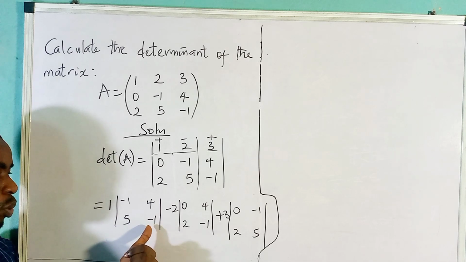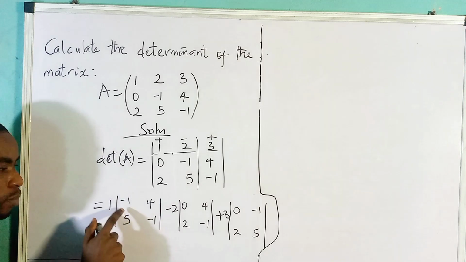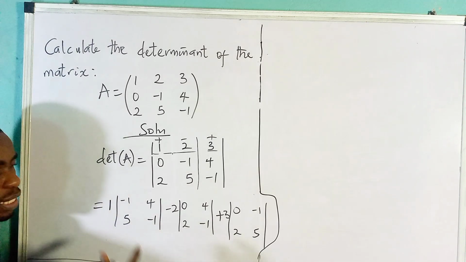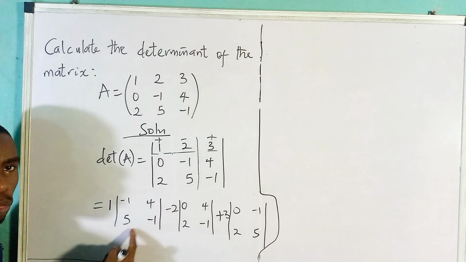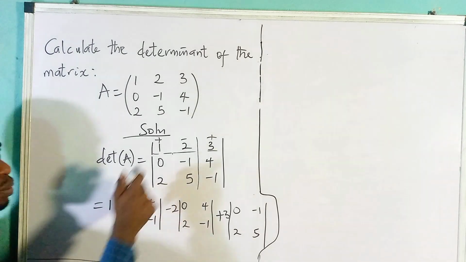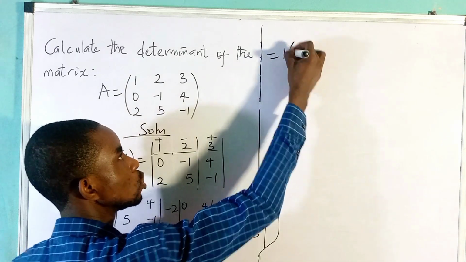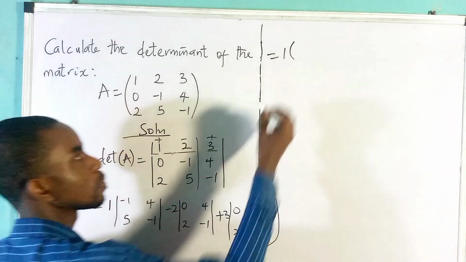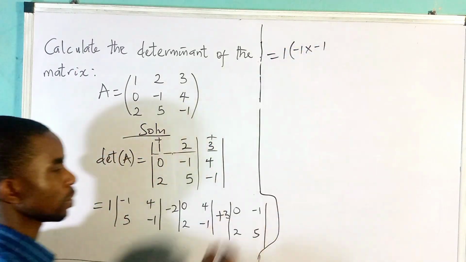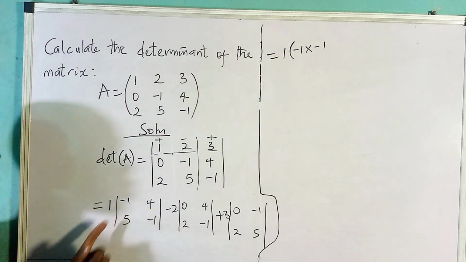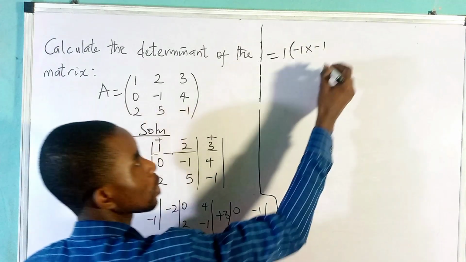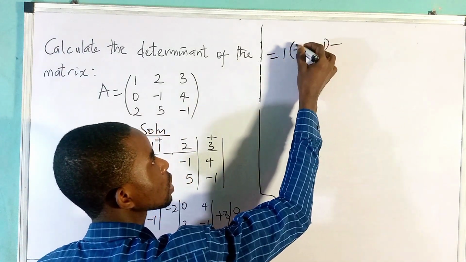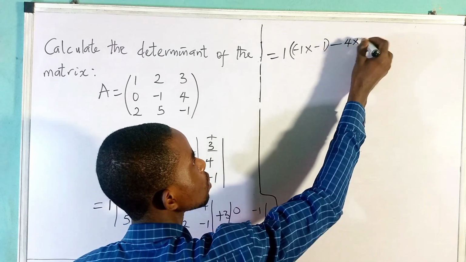All right, so what do we do with these pockets of matrices? For this first one, we'll multiply this with this, then subtract the multiplication of this other diagonal. So here we have 1 into minus 1 times minus 1, then minus 4 times 5. Okay, so minus, we can put this in a bracket, 4 times 5.